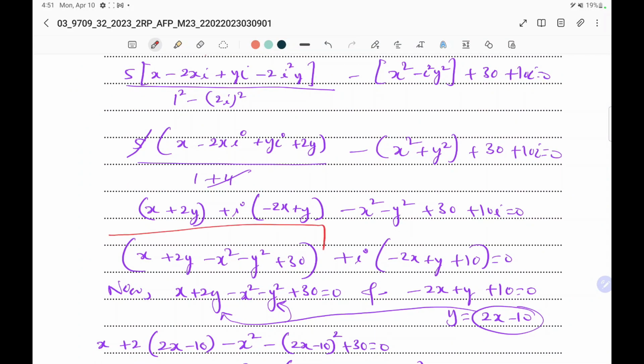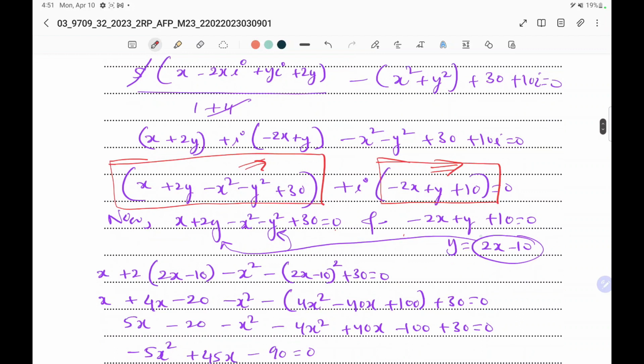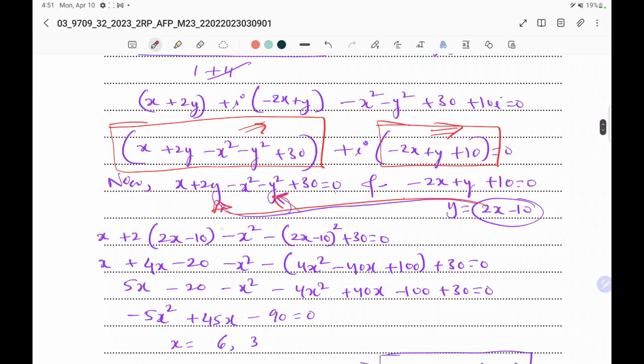Now take all parts without i together and write all parts with i together. So this is your real part and this is your imaginary part, and this is equal to 0. It means the real part should be 0 and the imaginary part should be 0. So x plus 2y minus x squared minus y squared plus 30 equals 0, and minus 2x plus y plus 10 equals 0. Now find y equals 2x minus 10, and put this y over here and here to get a quadratic equation in terms of x.